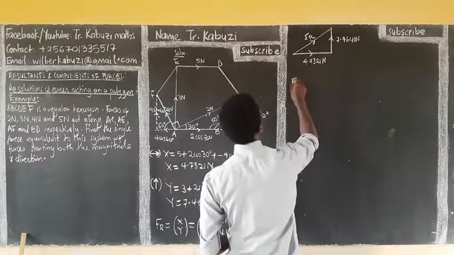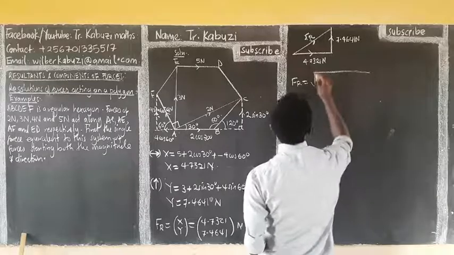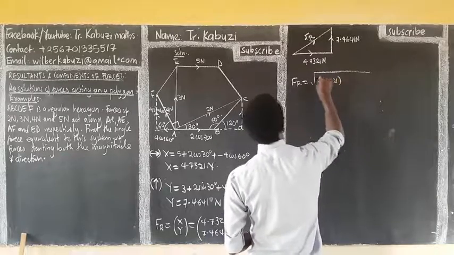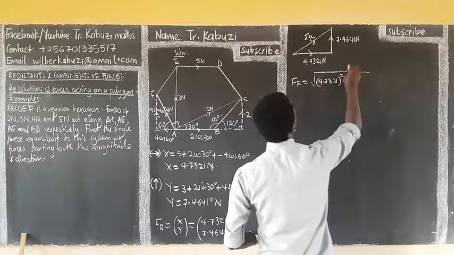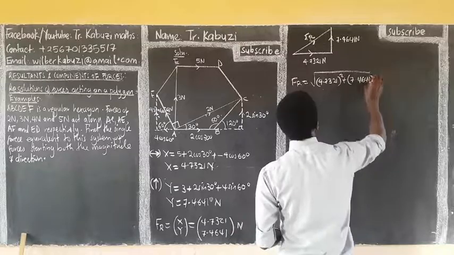So our FR, we shall get this using Pythagoras, the square root of this force, 4.7321, the whole squared, then plus 7.4641 squared.